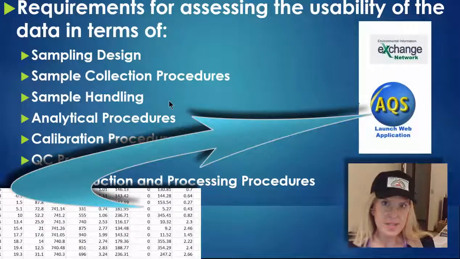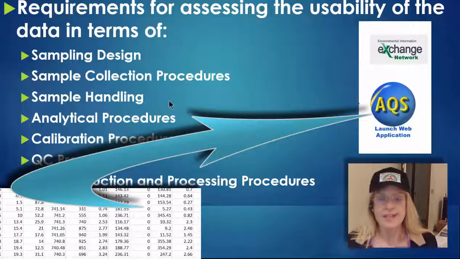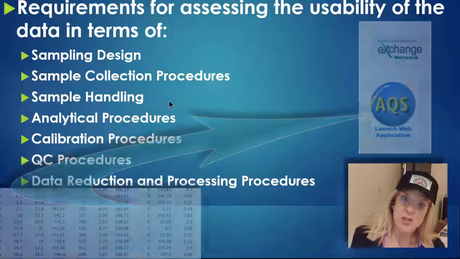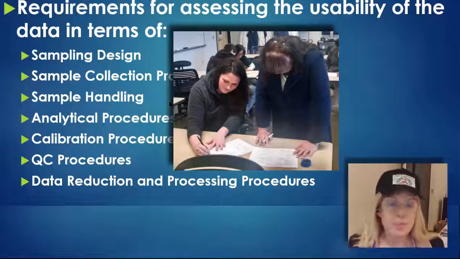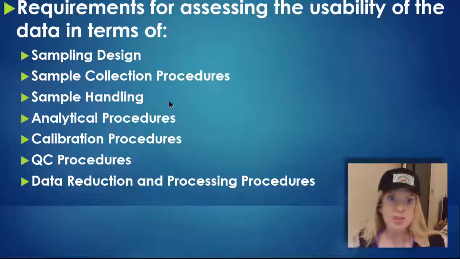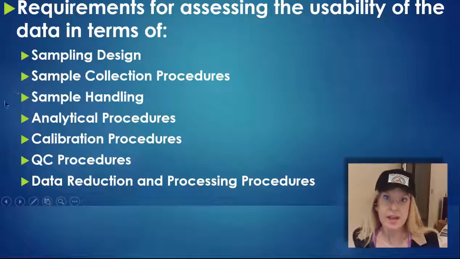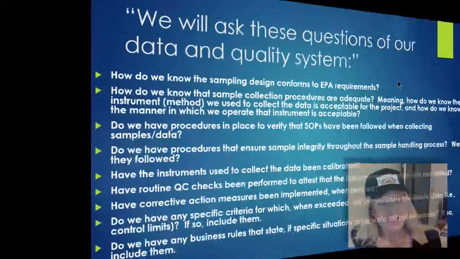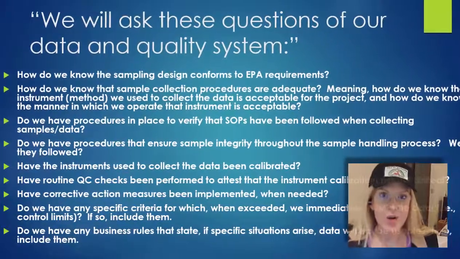Then we'll upload it into this other database. And remember, this element 22 just has to say, we will look at our data reduction and processing procedures to make sure that they're conforming to the QAPP and industry standards. So this is just the requirements, which is that we will look at these and answer these questions. Specifically, we will ask these questions of our data and our quality system.